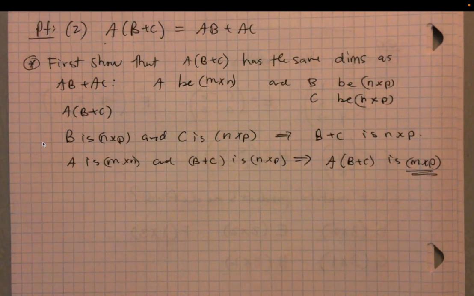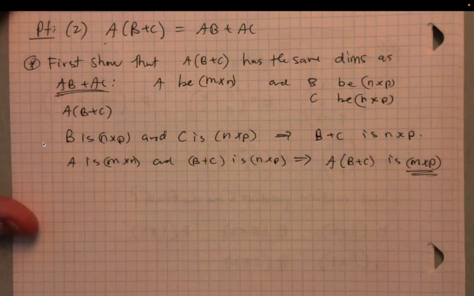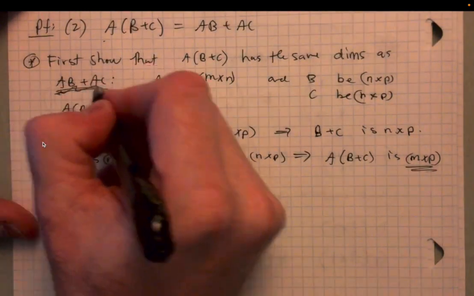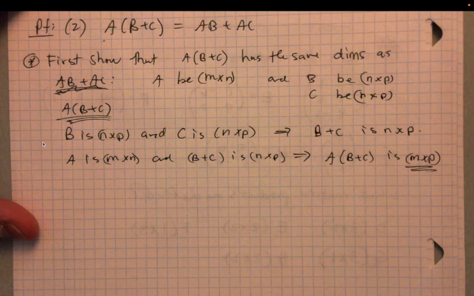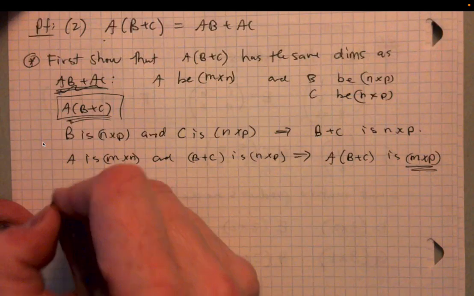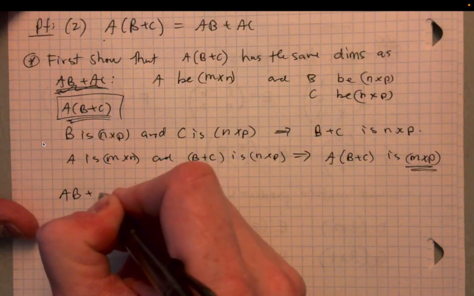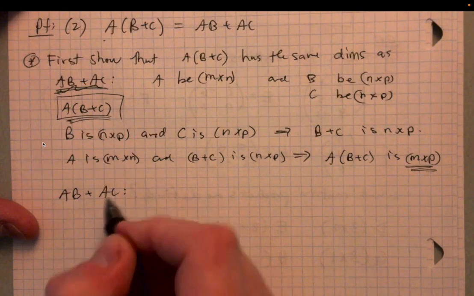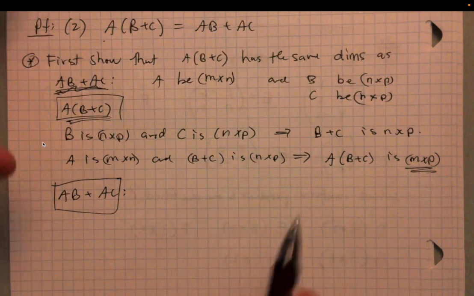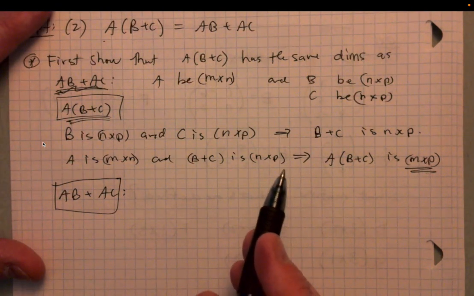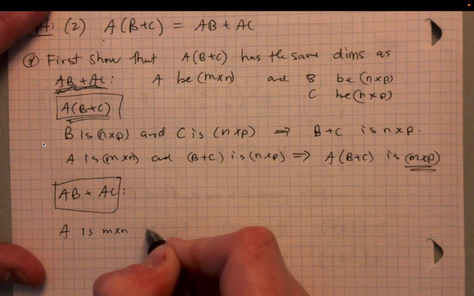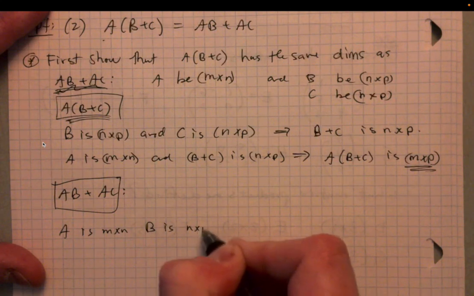All right, what about the dimension of the other side? We did this one first: A times (B plus C) is m by p. What about A times B plus A times C? Let's look at that one next. A is m by n, and B is n by p.